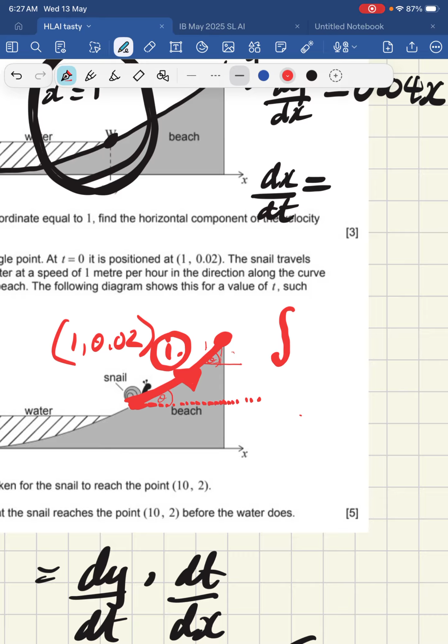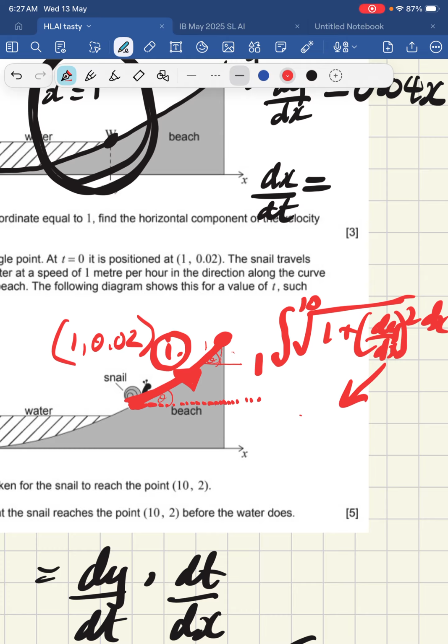We integrate from x of 1 to x of 10, and it's the square root of 1 plus, in brackets, dy by dx all squared, dx. And it just goes on our calculator, where dy by dx here is the 0.04x from the equation of the curve on the beach itself. But this formula isn't taught on the course, and it's not in the formula book, so I'm not sure how you would magically use this formula, right?